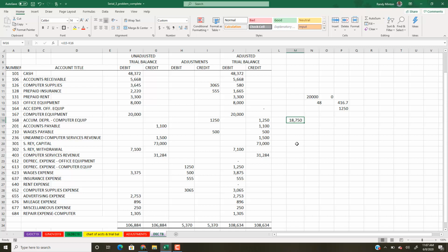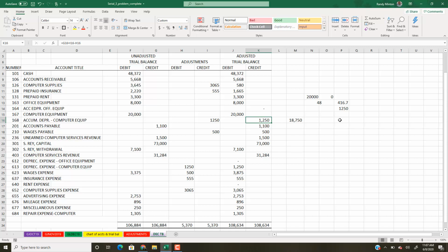At the end of 3 months. Now, over time, we will continue to reduce the net book value by adding to this accumulated depreciation. So next year, it'll be a full year of 12 months.